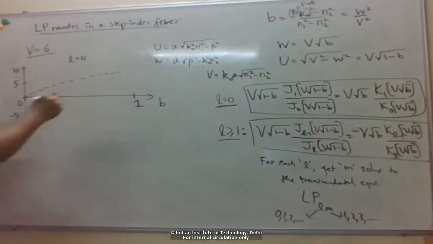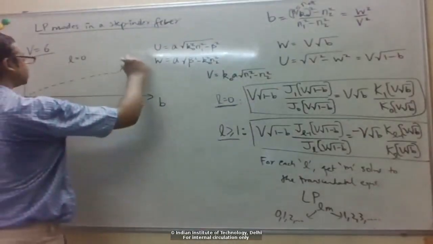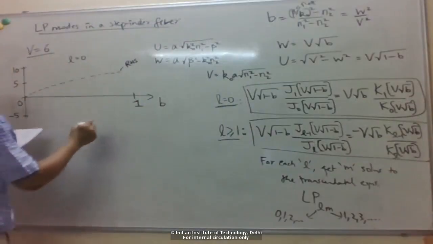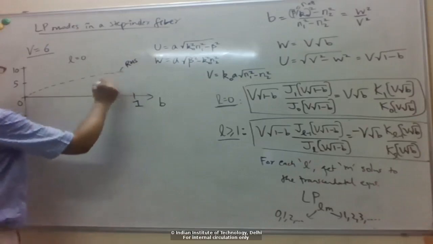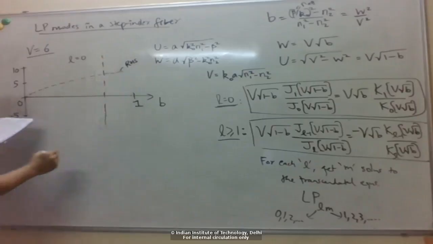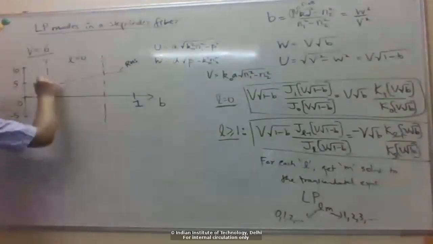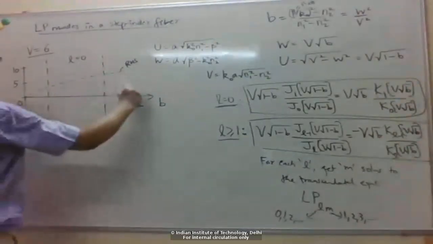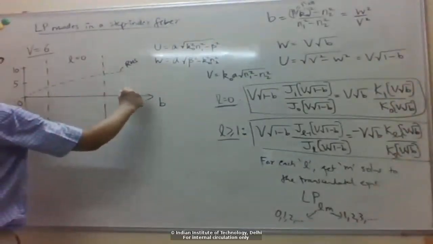Okay, so this is the right hand side. The modified Bessel function is K. And now we've got the left hand side, which goes like that.